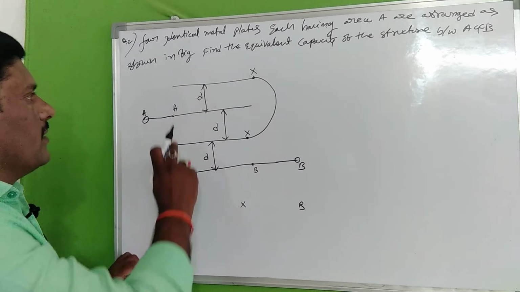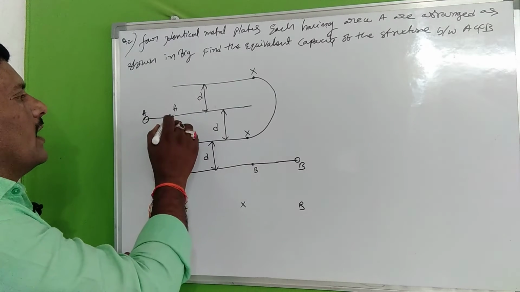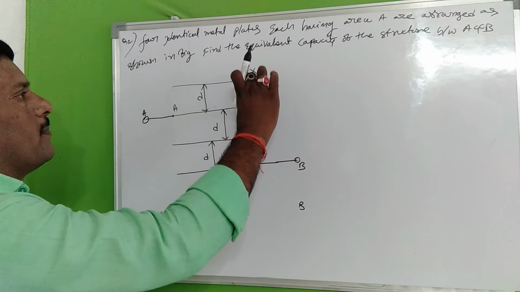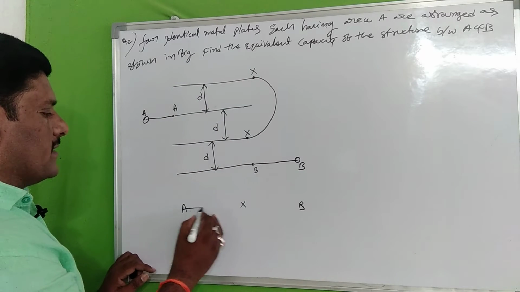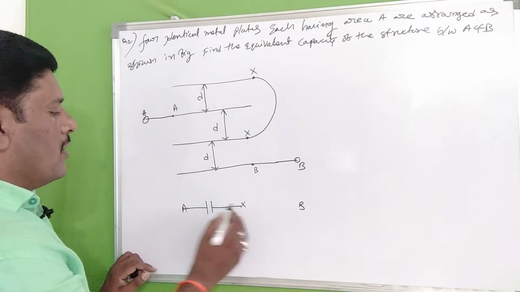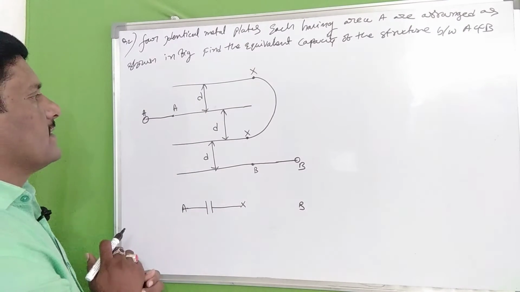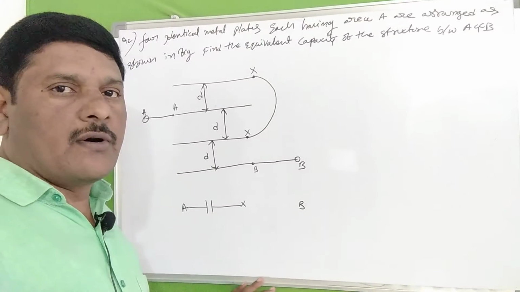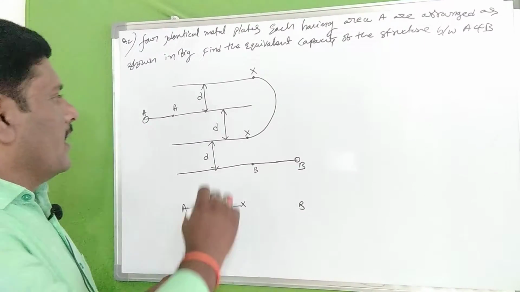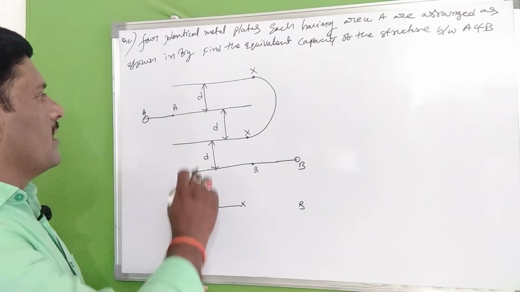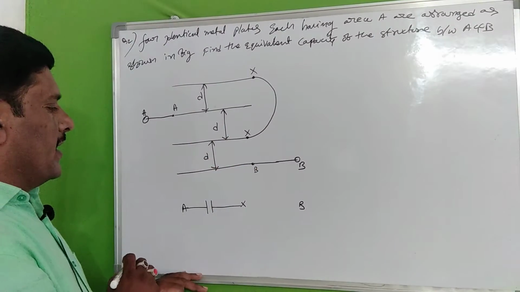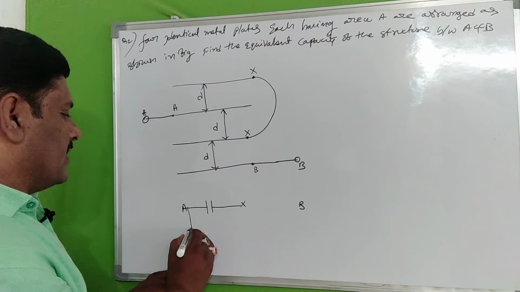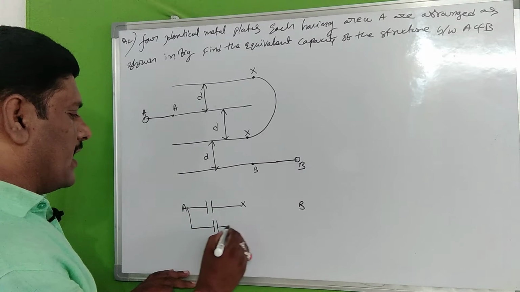Now we observe the plates between A and X, and we design across A and X. Next, the second plates are observed across A and X, another relation between A and X.